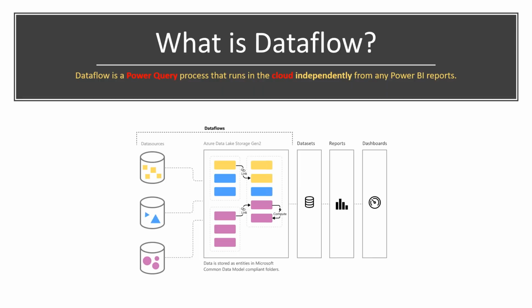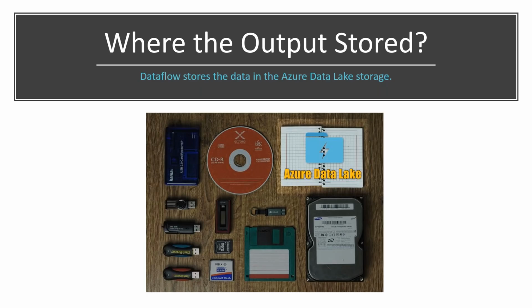So as a result, you might think, okay, where is it storing that data? Because that's the main thing, right? You run the Power Query script and you have to store it somewhere, right? The storage of Dataflow as of today, right now, is Azure Data Lake storage.